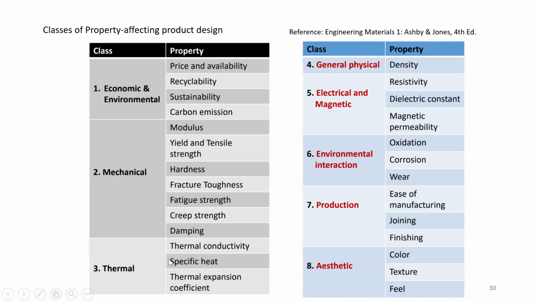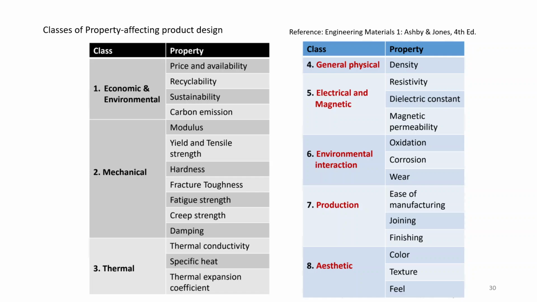Next is thermal. In this case we have thermal conductivity, specific heat, and thermal expansion coefficient. In case of general physical property we have density. In electrical and magnetic properties we have resistivity, dielectric constant, and magnetic permeability. Next, in environmental interaction we have oxidation, corrosion, and wear.